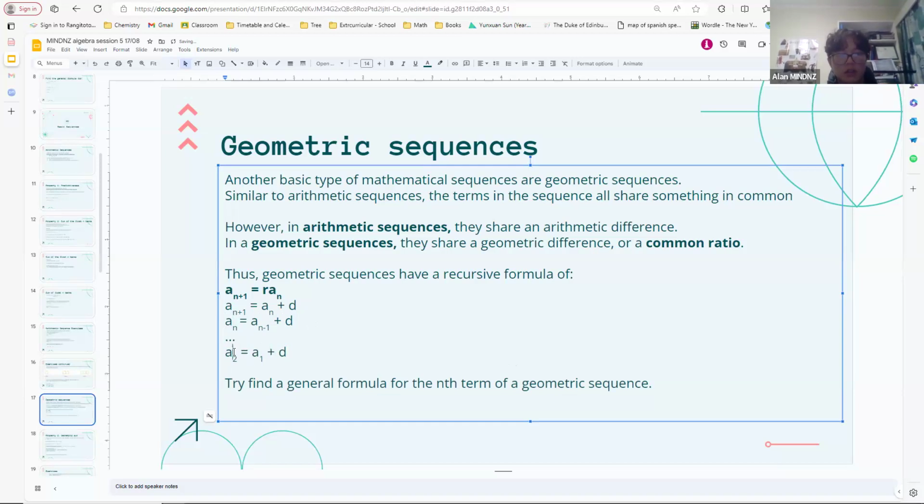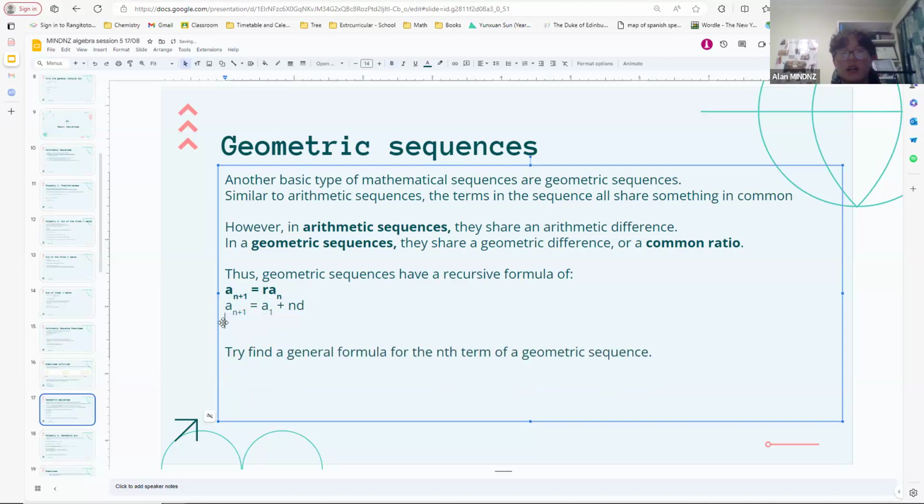And then the technique we use here is called telescoping, where we add all of these equations together to get the sum from a_2 to a_(n+1) is equal to the sum from a_1 to a_n plus n times the common difference. This is for arithmetic sequences, which ultimately gives us a_(n+1) equals a_1 plus d times n.